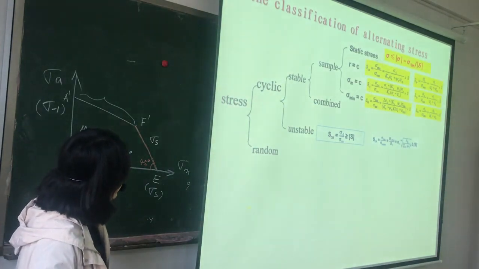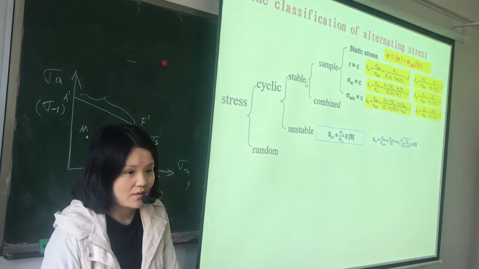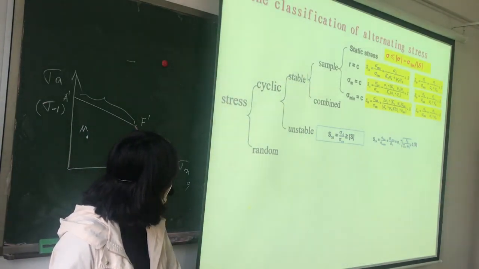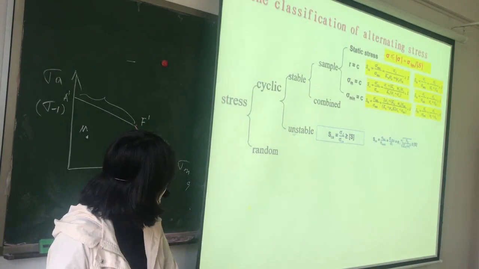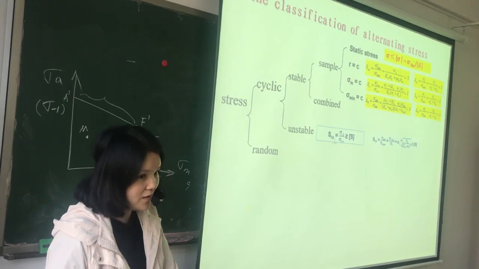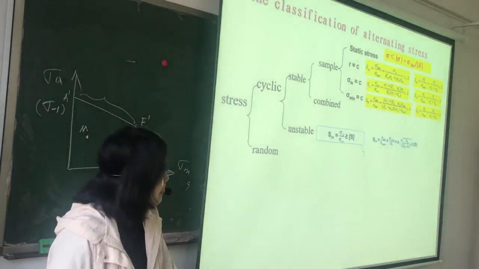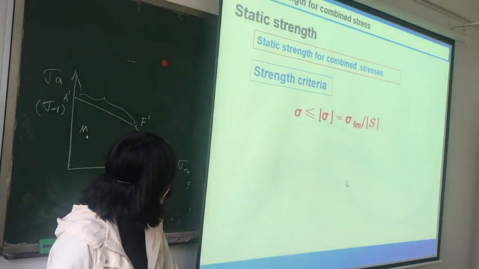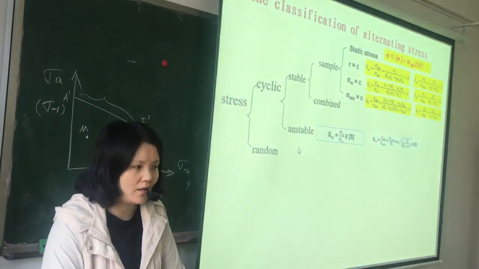This is for stable cyclic stress. But for unstable cyclic stress, we use the two equations to calculate the safety factor, and the result is the same.